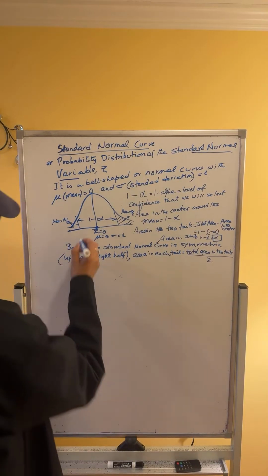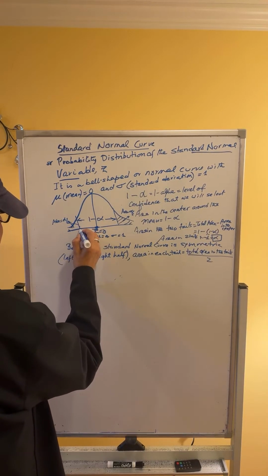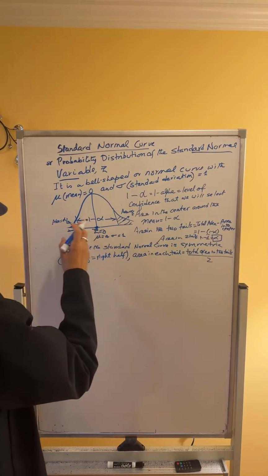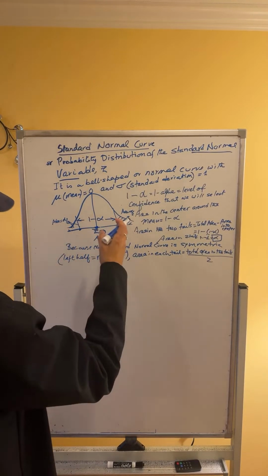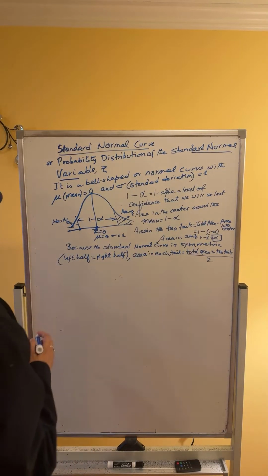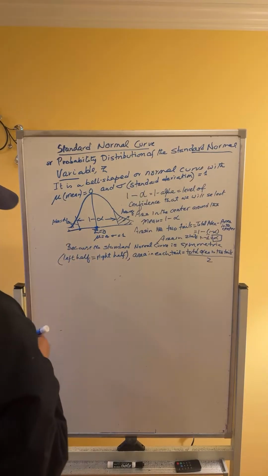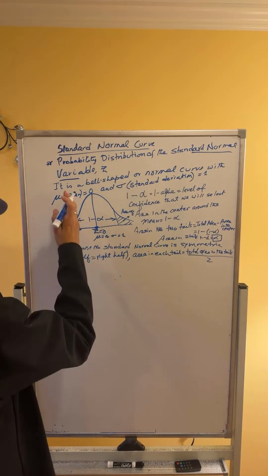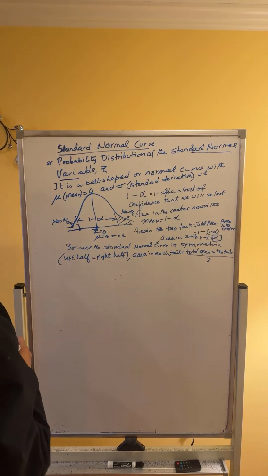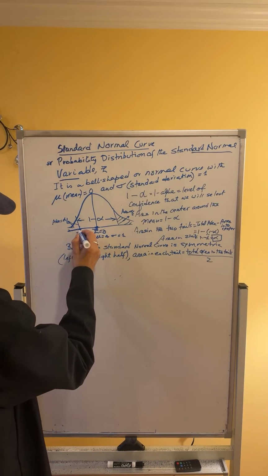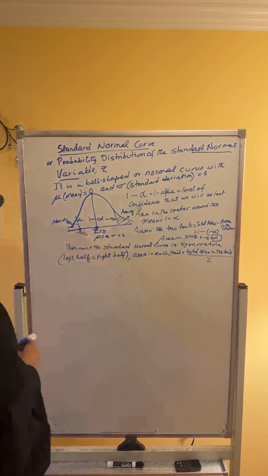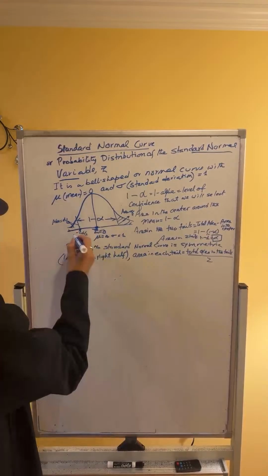Now these particular z values, one on the left and one on the right, are identical except the one on the left has a negative sign, and the one on the right is positive because it's on the right of 0. This particular value of z, which is a boundary between the left tail and the central region, is called minus z alpha by 2 because the area in the left tail is alpha by 2.